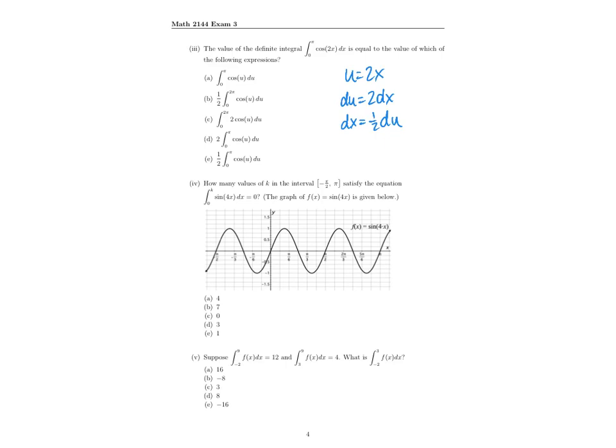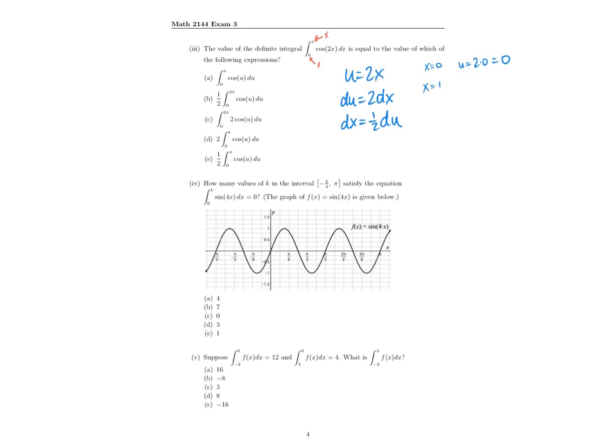So that will work. And then if I am going to write out this integral, I need to remember that these bounds here, this 0 and this pi, are x values. So when I write my integral in terms of u, I need to convert those x values into u values. So if x equals 0, that means that u is equal to 2 times 0, so u is 0.